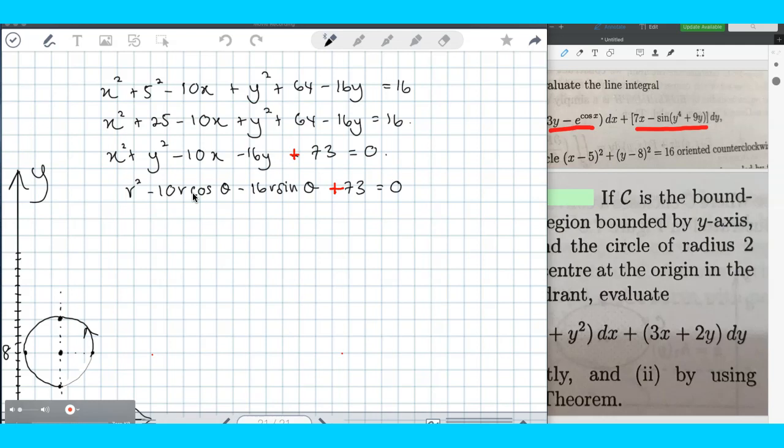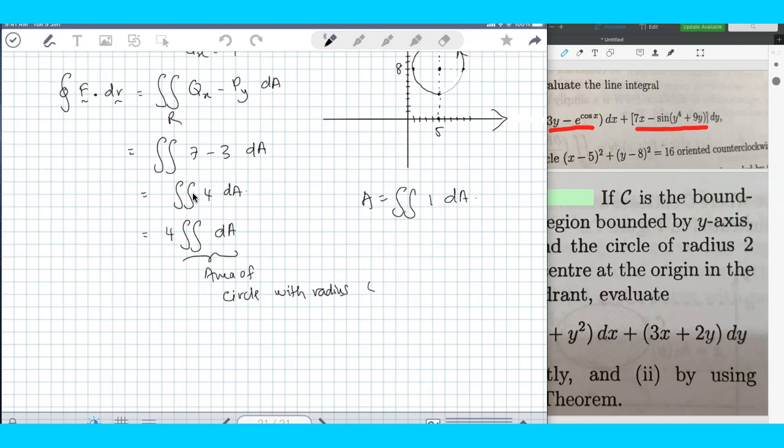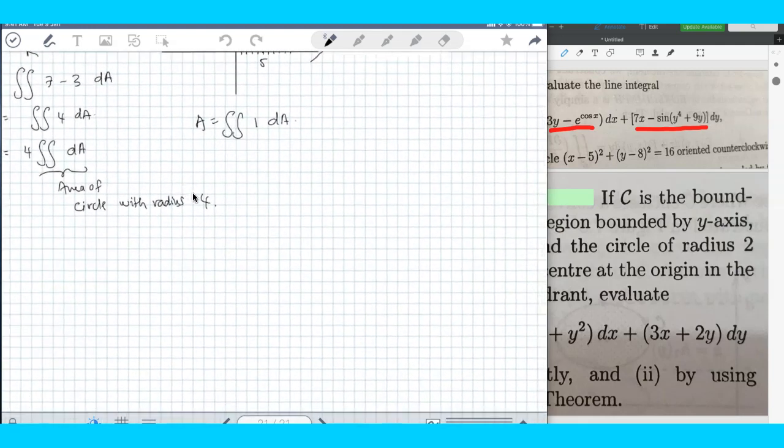Now you know this one is the area of the circle with radius 4. Using the standard formula, the area of the circle is given by pi r squared. In this case your r is 4, so you have pi times 4 squared, which is 16 pi.